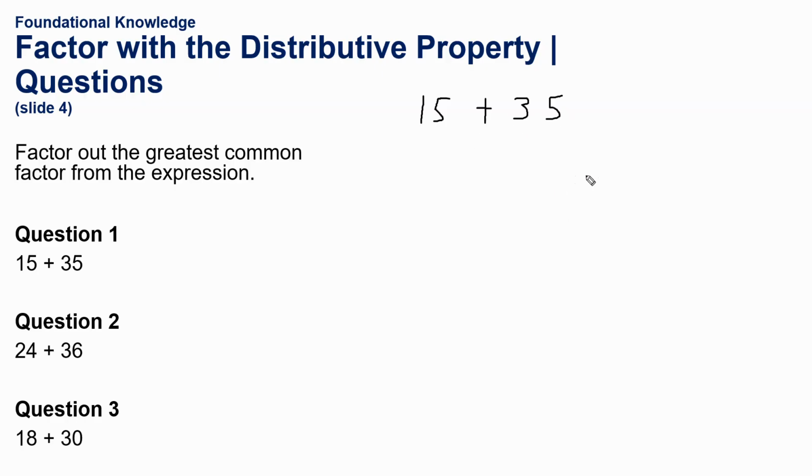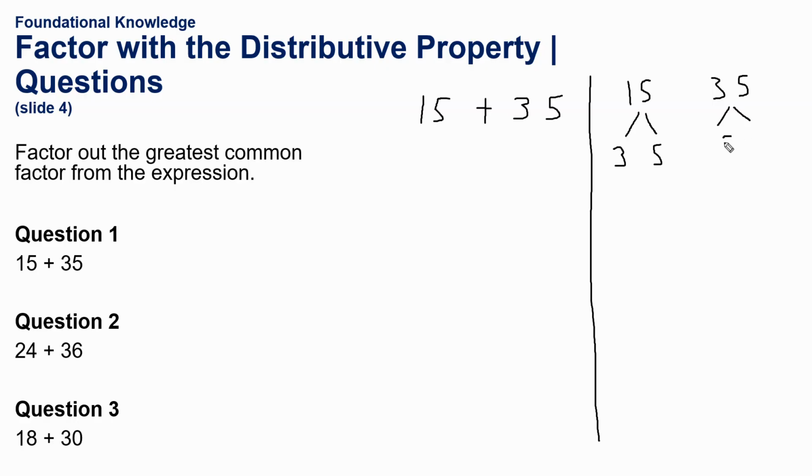Well, let's do a little review from the previous video in which we changed each of these numbers into prime factors, and then we compared the prime factor lists from each number. So if I have 15 and 35 and I go to factor this according to prime factorization, we would have 3 times 5, and we would have 5 times 7, right? 3 times 5 is 15, 5 times 7 is 35.